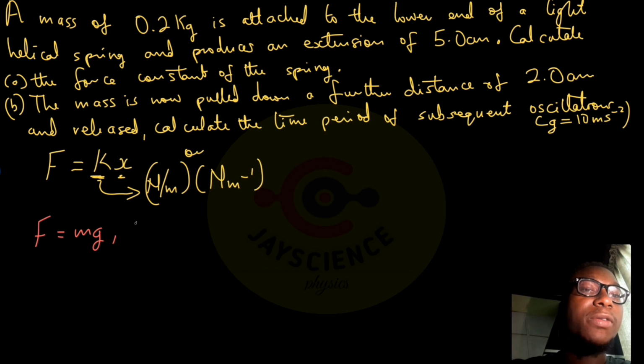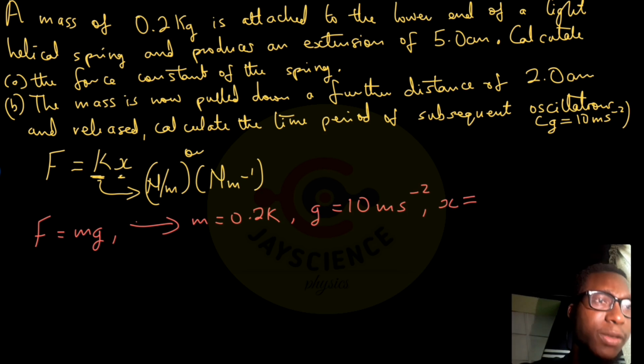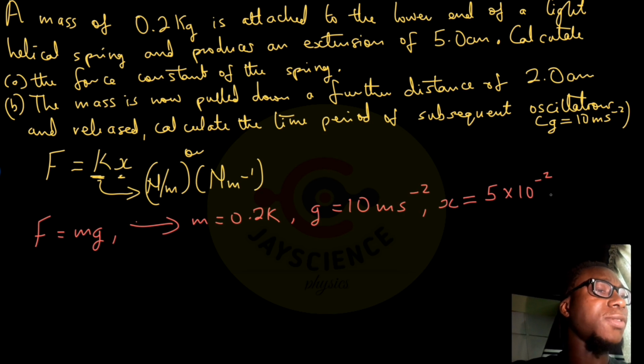Here we have m as 0.2 kg, and g as 10. The displacement here is 5.0 centimeters. If you convert that to meters, you have 5 times 10 raised to the power of minus 2 meters.